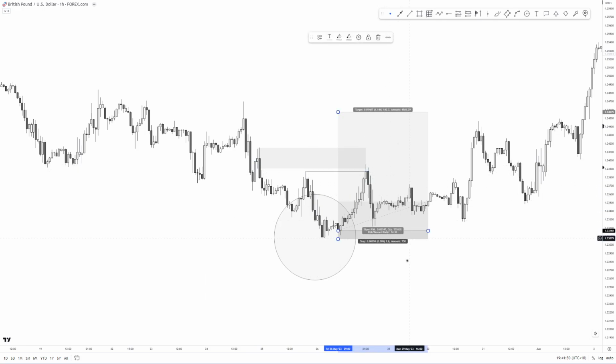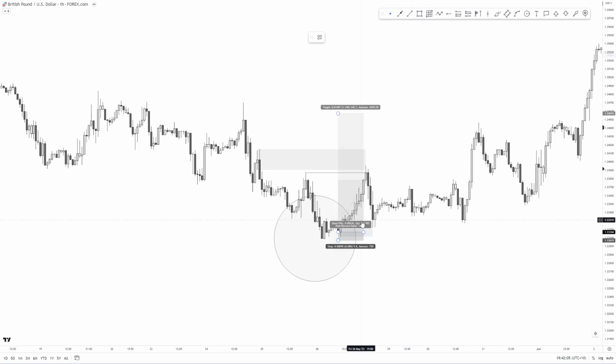Now, this inducement is obviously inducement pullback. It's not a phase one like we talk about in our other videos. But a big factor to this is because we created a continuation order block to the upside. So not only does this give us confidence that we can hold this trade, but it allows us to be able to take continuation from here.